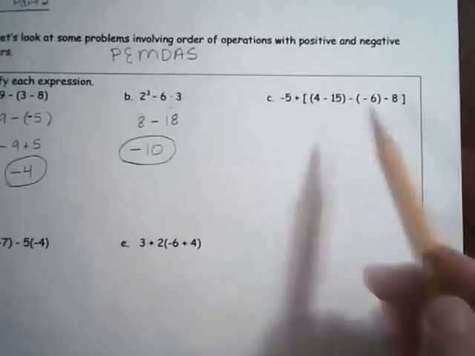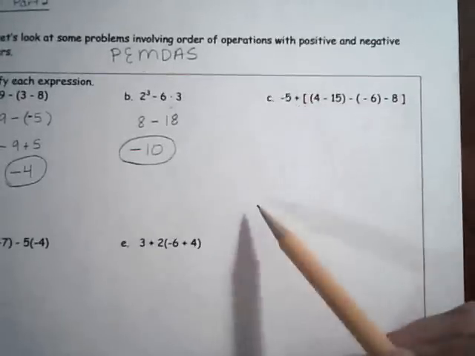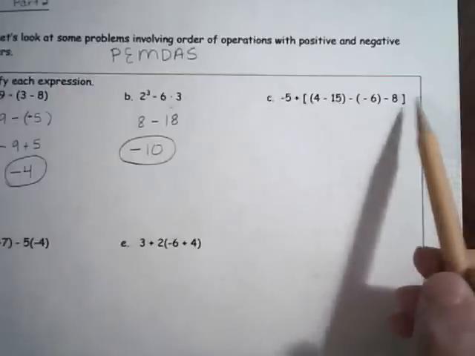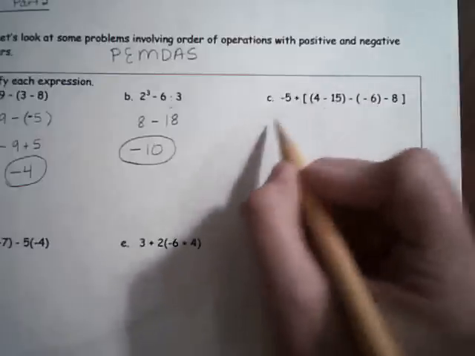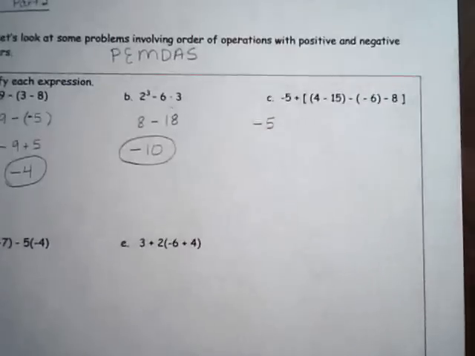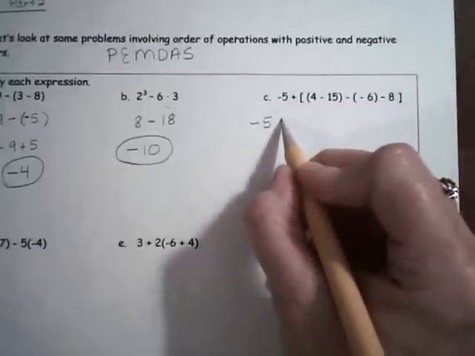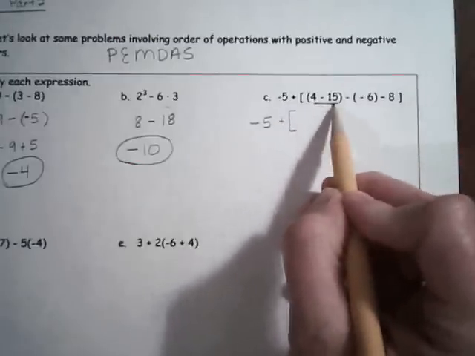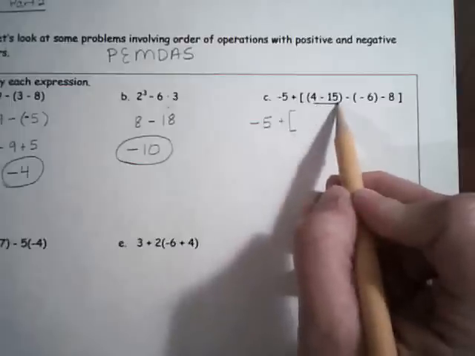Part C, we have brackets and parentheses. So I need to start with the innermost set of parentheses, work my way out. Anything that I'm not changing, then I'm going to write down and keep exactly the same. So I have a -5 plus, and then in the brackets, I'm going to be looking at just this part of the problem, 4 minus 15.